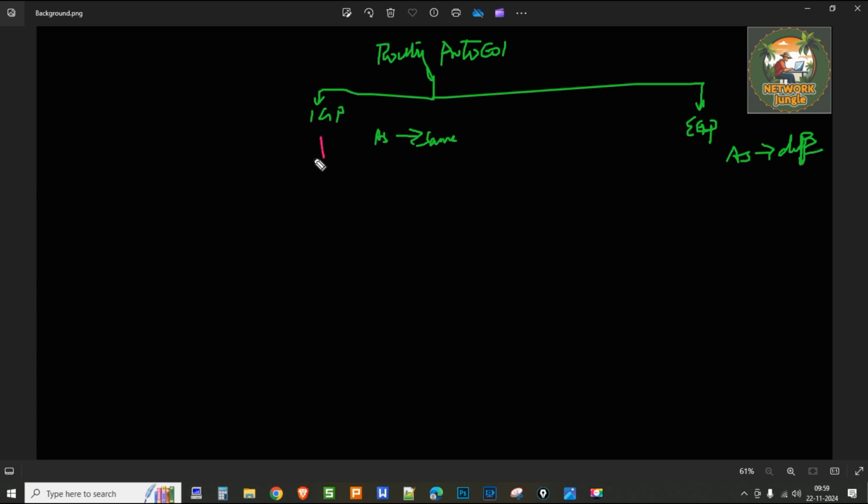Next, the interior gateway routing protocol can be classified into two types. One is the distance vector protocol. Another one is the link state protocol.